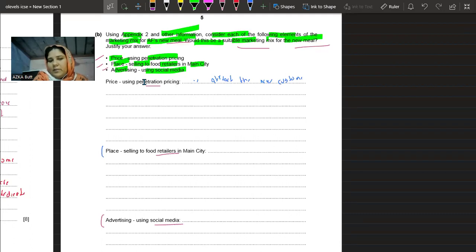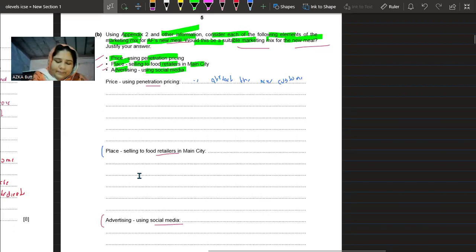And because this meal is new, and you are entering a new market, customers might not be satisfied or might not want to purchase food which is very new for them, because they just don't want to invest a lot of money in a new thing. So this is also a reason.